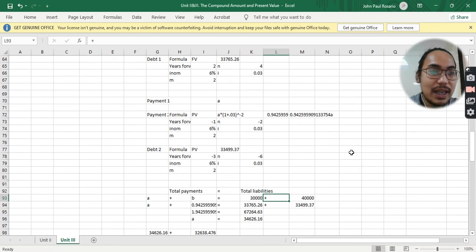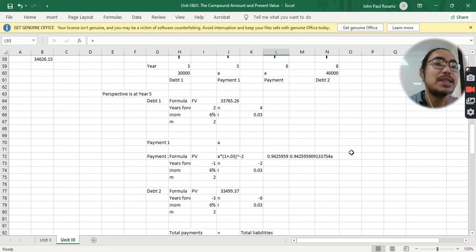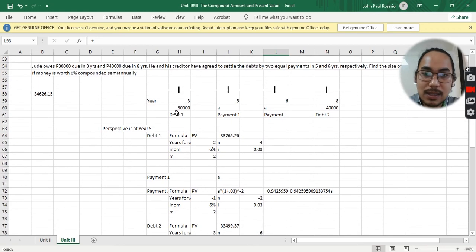as I have said earlier, at year 5, since we have already translated, at this time the figures at years 3, 5, 6, 8, without translating them into their equivalent values at year 5, it's like we're comparing an orange to an apple, to a banana, to a guava.